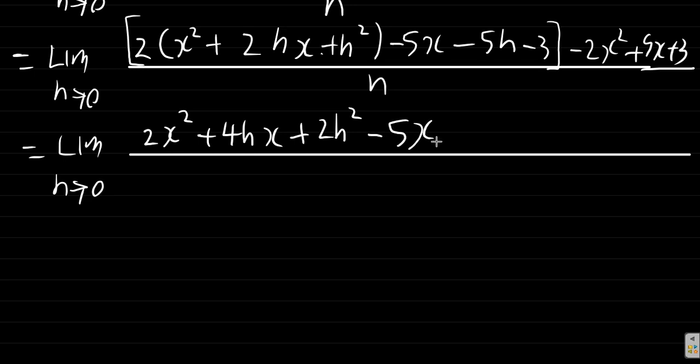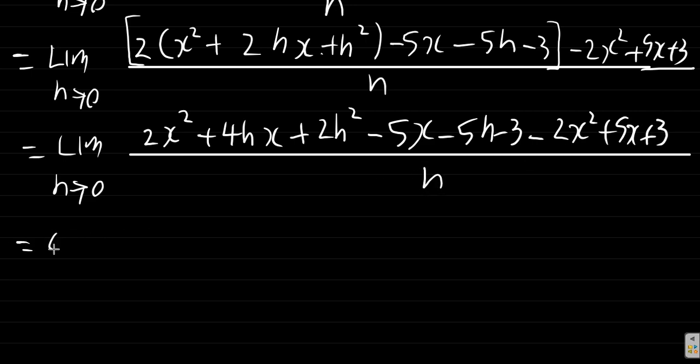Minus 5x minus 5h minus 3. Could just remove this bracket. The square bracket minus 2x squared plus 5x plus 3 over h. You see that? Equal the limit as h tends to 0 of.